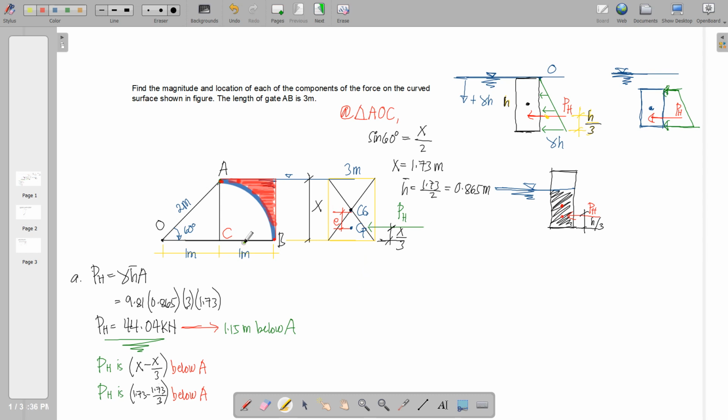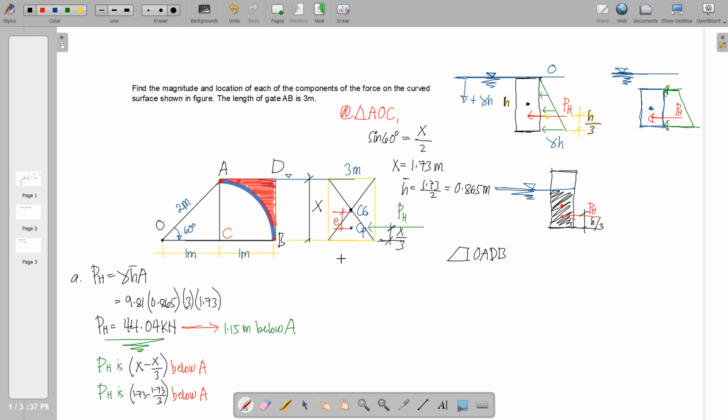So the shaded portion can be computed by the trapezoid, say if I'm going to label this as point D. So here's the trapezoid OADB.